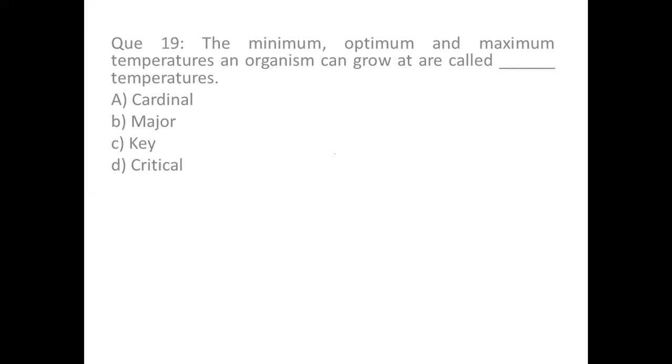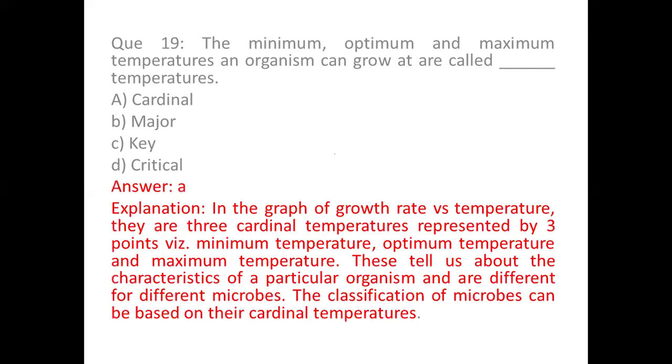And the correct answer to this question is option A, cardinal temperatures. In the graph of growth rate versus temperature, there are three cardinal temperatures represented by three points. That is minimum temperature, optimum temperature, and maximum temperature. These tell us about the characteristics of a particular organism and are different for different microbes. The classification of microbes can be based on their cardinal temperatures.